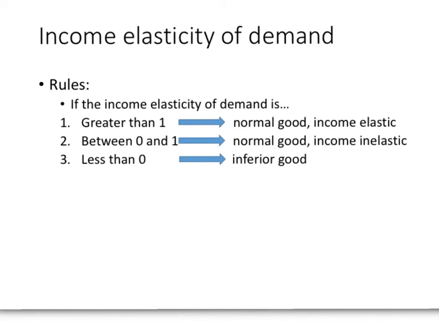So, for example, if you look at airline travel, according to government numbers, airline travel has an income elasticity of 5.82, which basically means that you are looking at 582%, right?